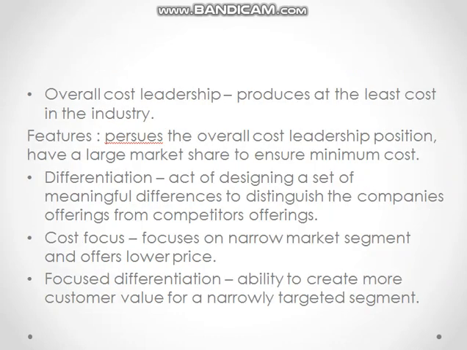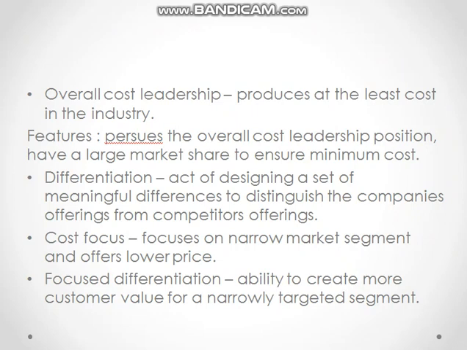Now we are going to explain the components of generic competitive strategy metrics. The first one is overall leadership. Here it produces at the least cost in the industry. Its features are: it pursues the overall cost leadership position and has a large market share to ensure minimum cost. Next one is differentiation.